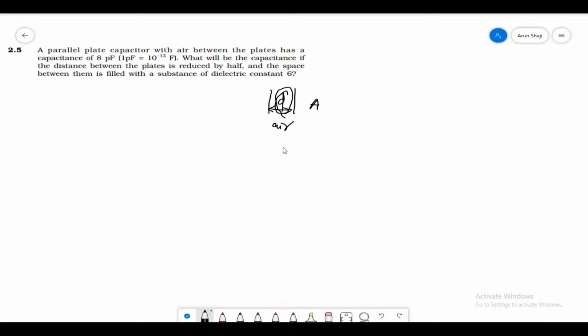If it is occupied by air, the formula for the capacitance is C equal to epsilon A by D, that is epsilon naught into epsilon R into A divided by D, and we know that the relative permittivity of air is equal to 1, so the formula will be epsilon naught A divided by D. In this case the capacitance of the capacitor is given.